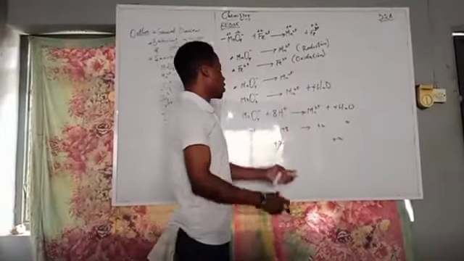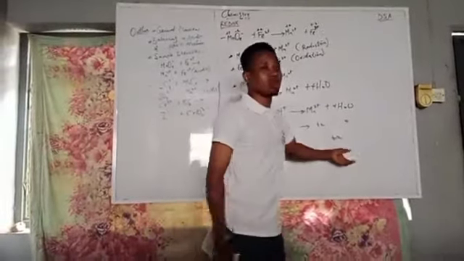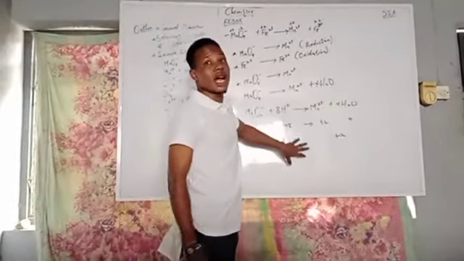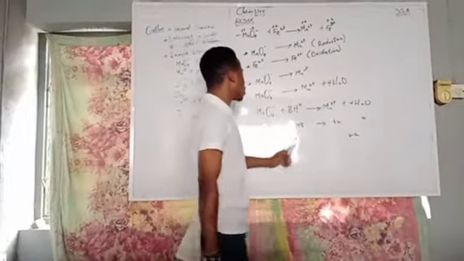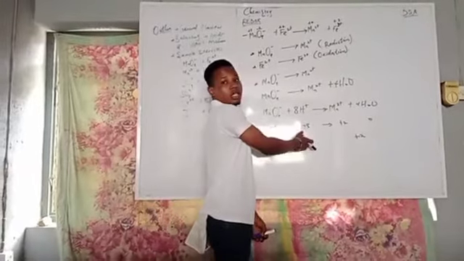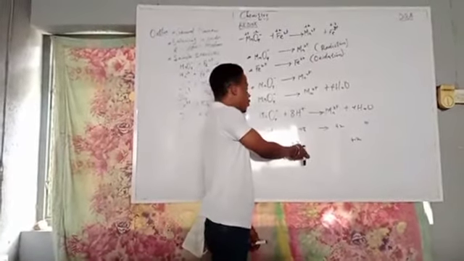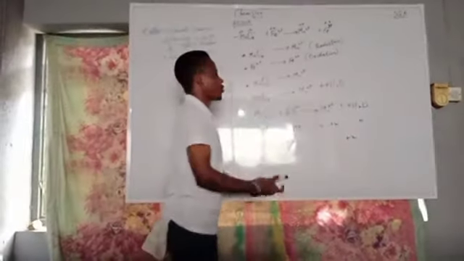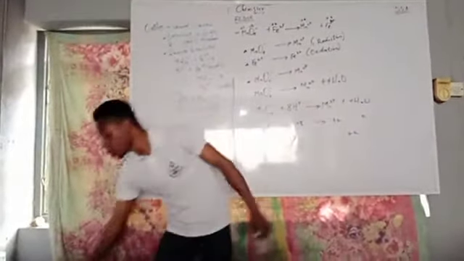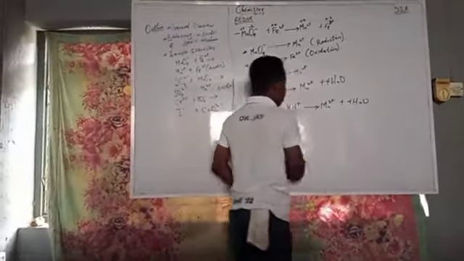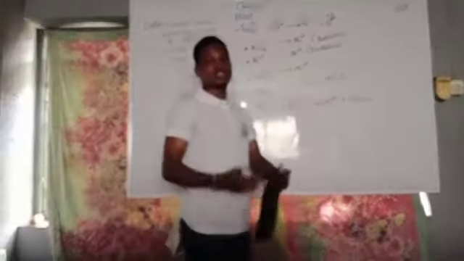So what do you do? In order to balance this, this is the bigger one, this is the smaller one. So you remove a certain amount of electrons from the bigger charge. In order to make this +7 become 2, you have to reduce the charge by 5. So you remove 5. The basic analogy is that whenever you are removing electrons in order to balance charge, it is plus, just like opposite.